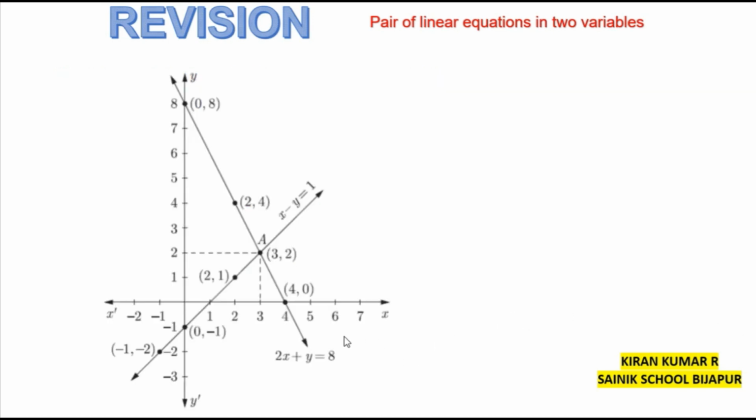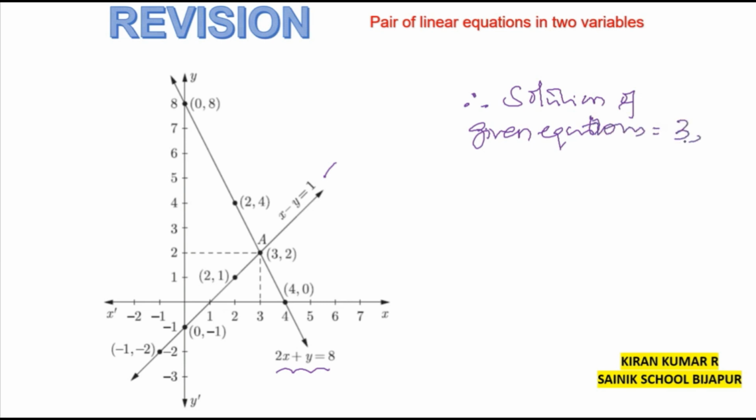And the graph of these two equations, 2x plus y equal to 8 and x minus y is equal to 1, intersect each other at (3, 2). Therefore, the solution of given equations is (3, 2).